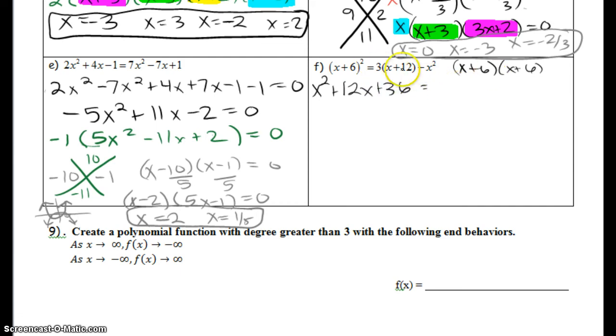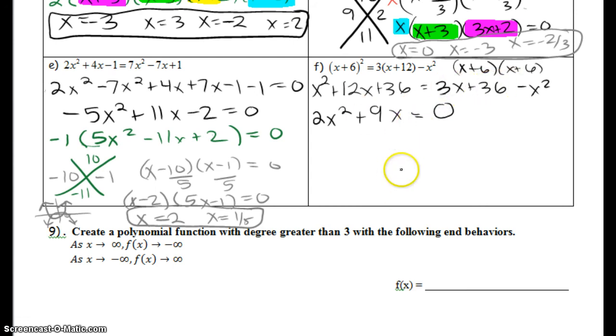I'm going to distribute that 3, so I get 3x plus 36 minus x squared on the right. When I combine like terms, I'm going to bring this negative x squared over. So it's x squared plus x squared. I have 12x minus 3x, which gives me 9x. And then I have 36 minus 36. That's 0. Nothing's left on the right side.